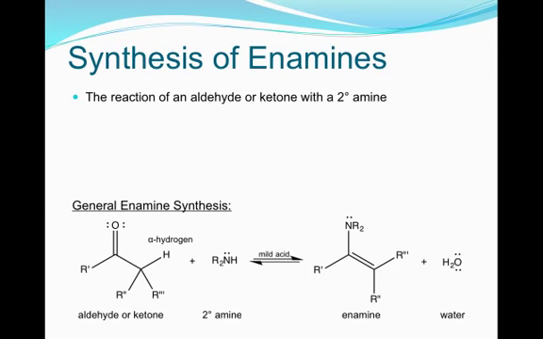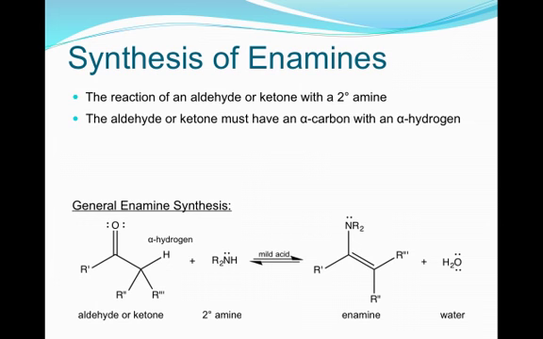A general enamine synthesis is shown below. An enamine may be formed from the reaction of an aldehyde or ketone with a secondary amine. In this case, it is necessary for the aldehyde or ketone to have an alpha carbon with an alpha hydrogen. This reaction is fastest under weakly acidic conditions, as with the previously described imine synthesis.